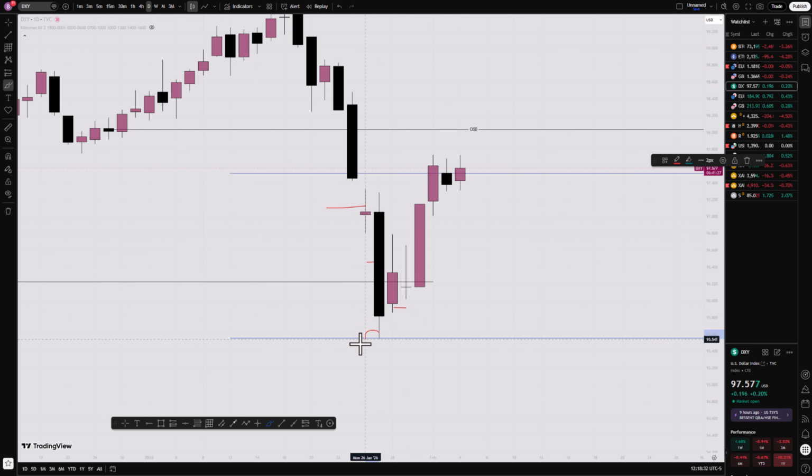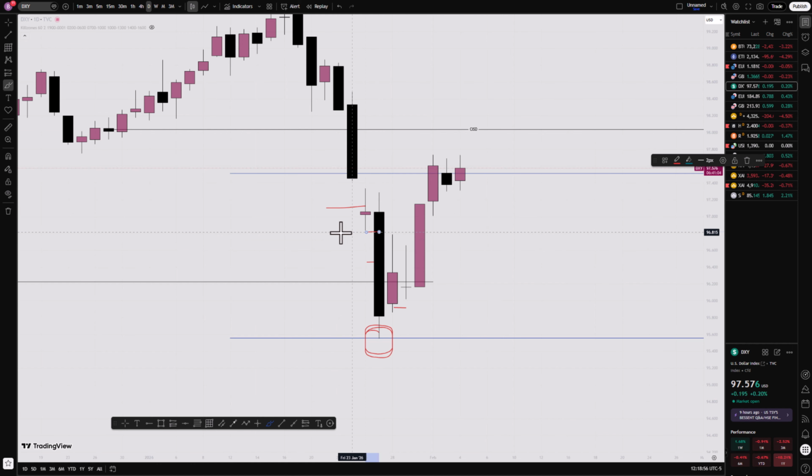Now this has created the swing formation. But because it's a three candle pattern, you have to understand that this bearish candle is a very strong bearish candle, and price has not respected the low of this candle.